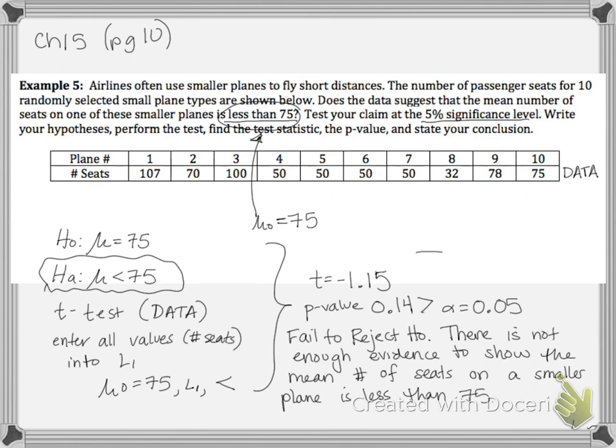And then, because I've never drawn you guys the picture, just to be clear, if I put my mean in the middle here, and I go here to negative 1.15 for t, my p-value is represented by this region right here. So the larger the shaded region, the less likely I am to be able to reject the null.